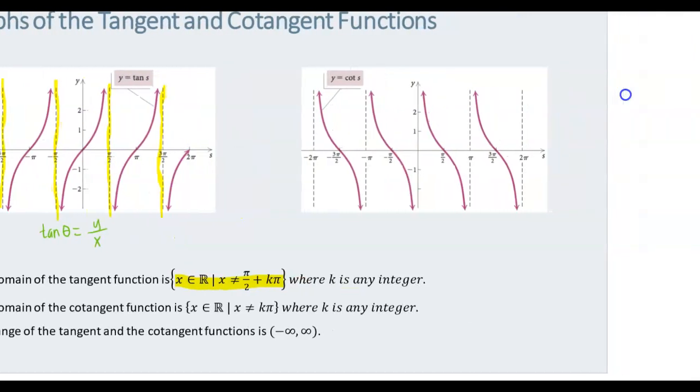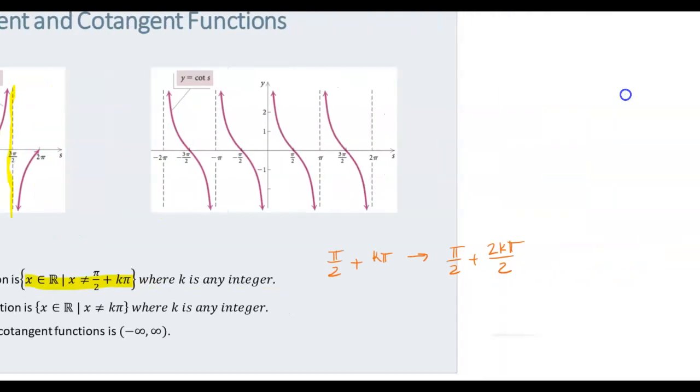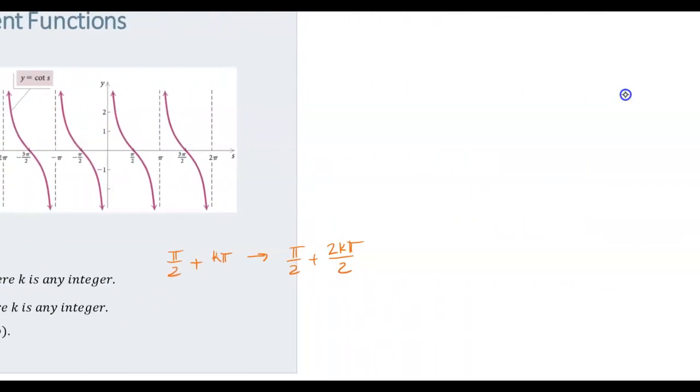Another way to write that is if I take pi over 2 and I add k times pi, or pi over 2 plus 2k pi over 2, just making the denominators the same. This is pi plus 2k pi over 2.